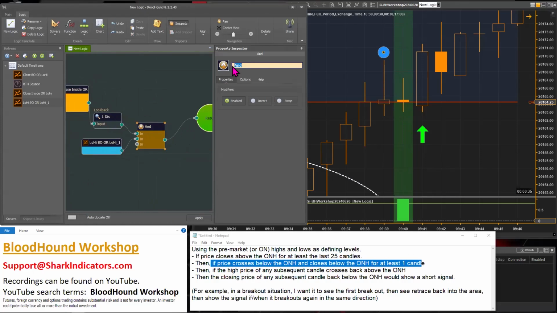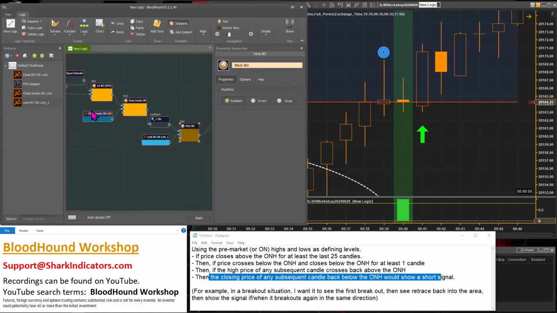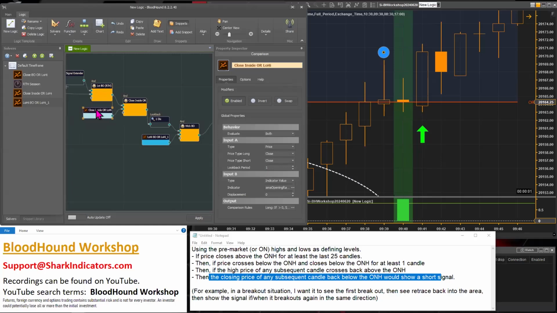And this AND node is essentially the wick breakout. So there you go, this is our wick breakout. And then we have to look for a close back inside the range again. So we're looking for this condition one more time, and once again, of any subsequent candle. So we have that qualifier again.